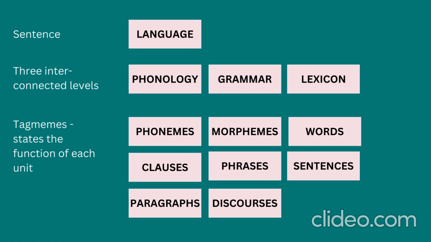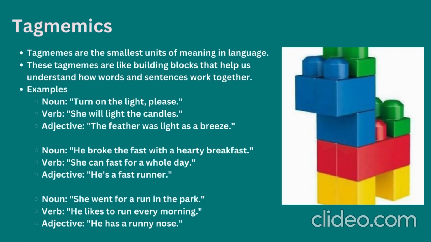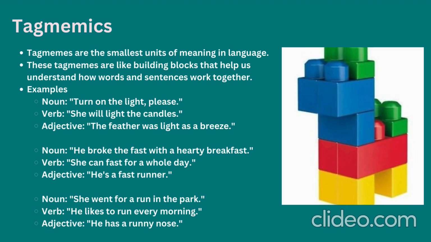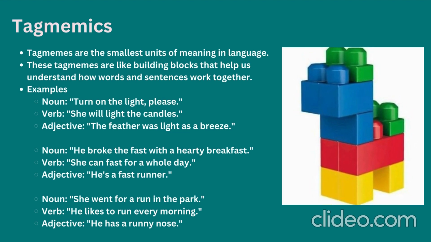What is a tagmeme? Tagmemes are the smallest units of meaning in language, and they are like building blocks that help us understand how words and sentences work together. So through Tagmemics, language is broken down into smaller pieces called tagmemes.